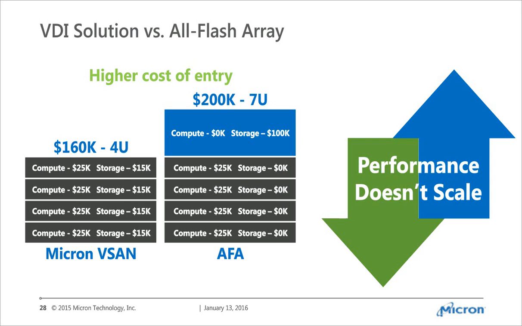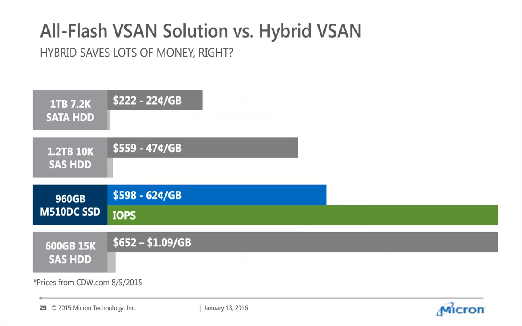The other piece that I wanted to show is when a lot of people start thinking about hybrid, they say, oh, well, hybrid's cheaper. Well, the only way you can get hybrid cheaper is if you use the 7,200 RPM drive. That's the only way it comes in reasonably cheaper.